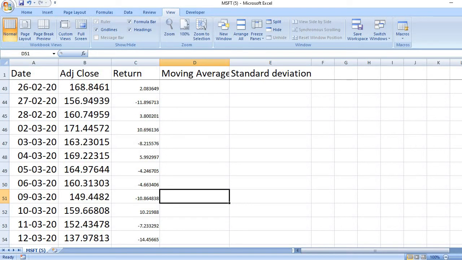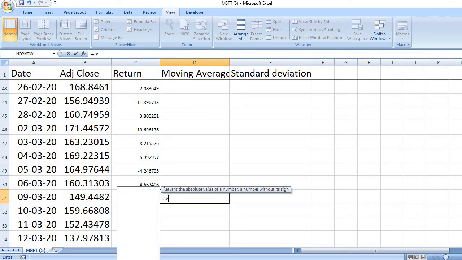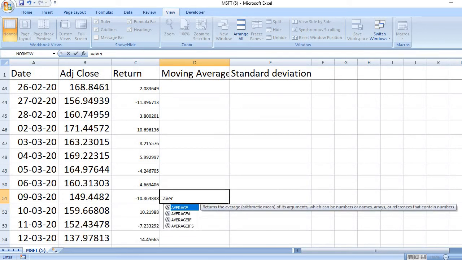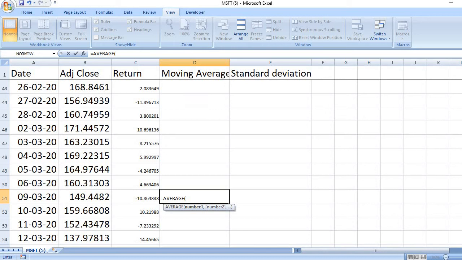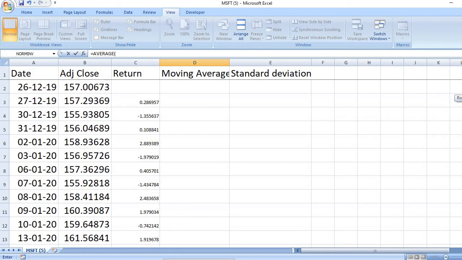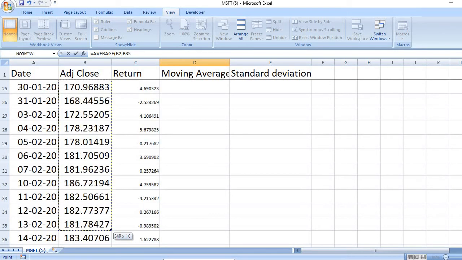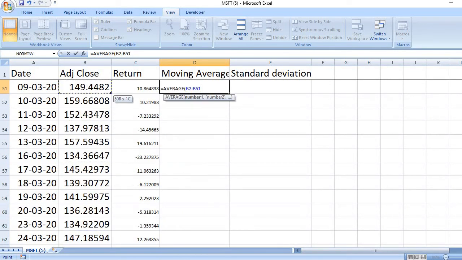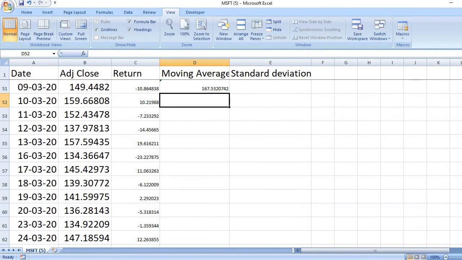On the 51st row we are going to apply the formula average from 1st to 51st. And then we are going to calculate the moving average by copying down the formula.